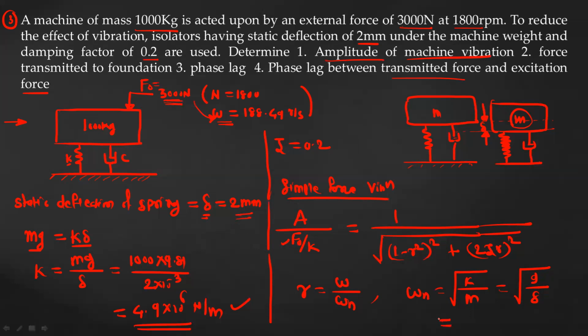So I will write the answer directly: omega n is 70.03 rad per second. Now omega is 188.49, so R is 188.49 upon 70.03, which gives R as 2.69. Zeta is given, 0.2. So put these values in the equation.